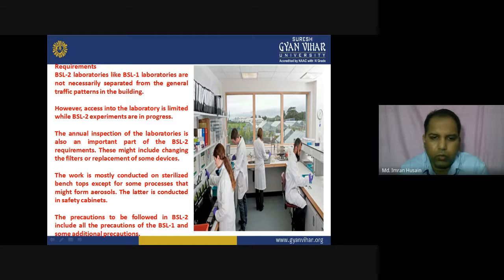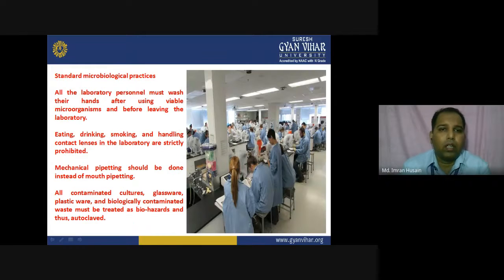The precautions to be followed in BSL2 include all the precautions of BSL1 and some additional precautions. So it is just a promotion in the level of training that is required in the field of medical microbiology and biosafety. Standard microbiological practices: all the laboratory personnel must wash their hands after using viable microorganisms.